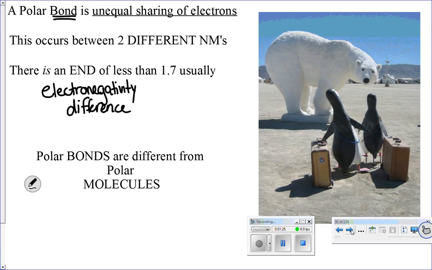They are not pulling on electrons equally. That difference is usually fairly low, less than 1.7, but there will be a difference there. They're not going to be two atoms with the same electronegativity. Polar bonds are different from polar molecules, and I will show you a slide in a minute where I contrast this a little bit more.